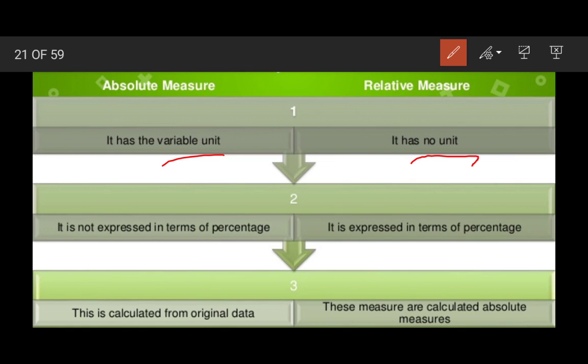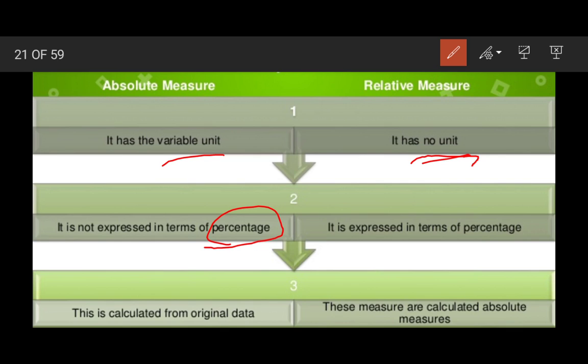It requires the same unit and same averages for comparison, while in relative measures there is no unit. Then absolute measure is not expressed in terms of percentage. This is a single value.